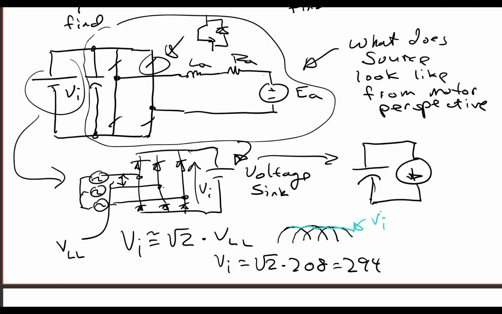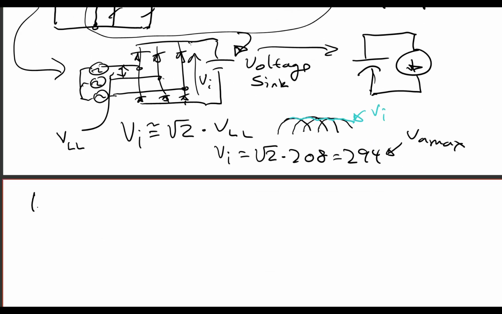Now that would be, assuming we have an idealized converter, that would be V_A max. However, I gave you a limitation.